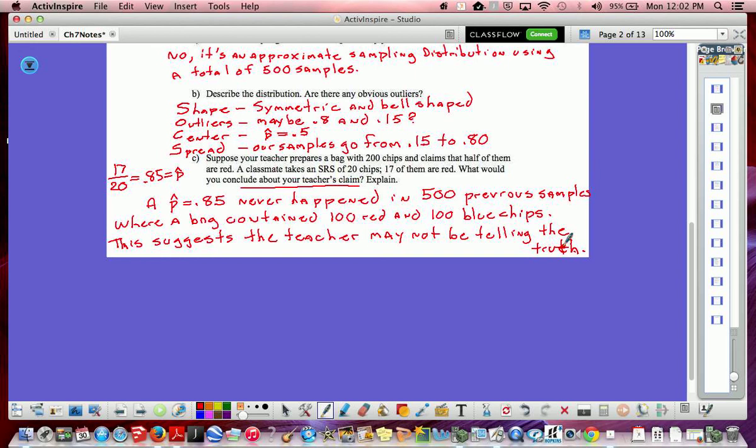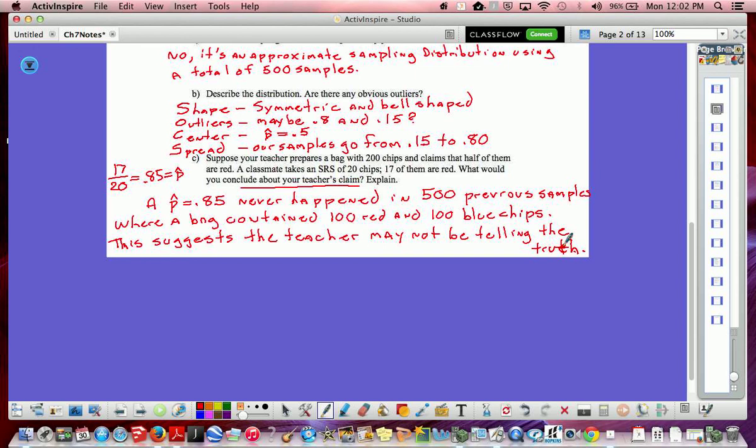This is how we start to use statistics to show whether or not something might be out of the ordinary or something might be wrong. It's a different type of mind thought, but with statistics, what we actually start to do is show evidence that something is false or not really believable.